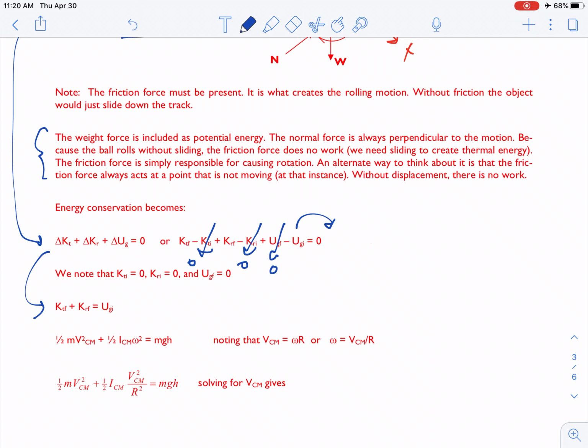And potential energy is mgh, right? As usual, now we've done several examples. So the way to make these two look the same is to use the definition, the relation between them. You can either substitute V center of mass with the omega, or write omega in terms of V center of mass and then substitute that in here. And that's what we are doing.